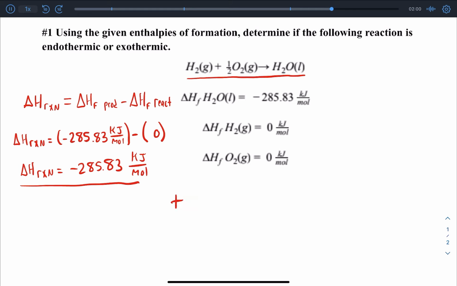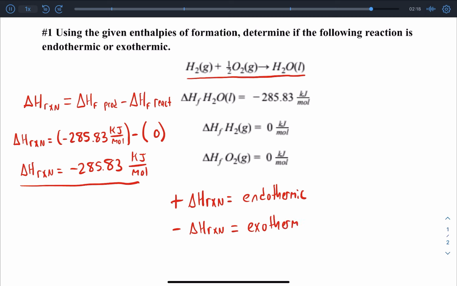So positive delta H Rxn equals endothermic, where a negative delta H Rxn equals exothermic. Seeing as how we have a negative enthalpy of the reaction, this reaction is exothermic.